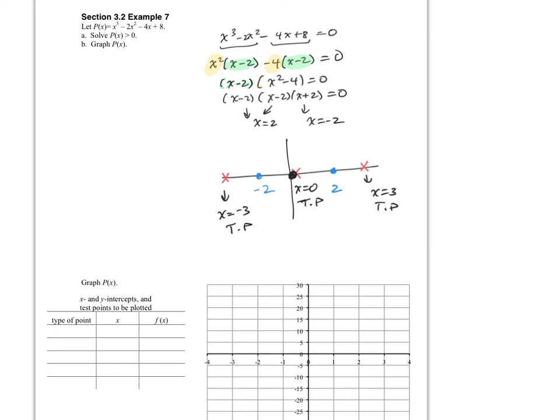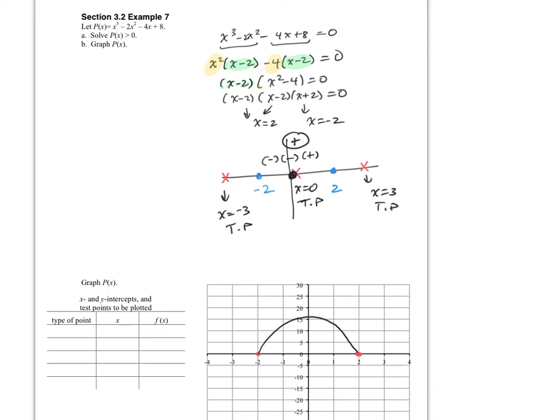The points where this equals 0, remember, are -2 and 2. And we pick x equals 0. This will be negative, this will be negative, and the last one is positive. So the whole thing is positive. So therefore from here to here the graph is positive.